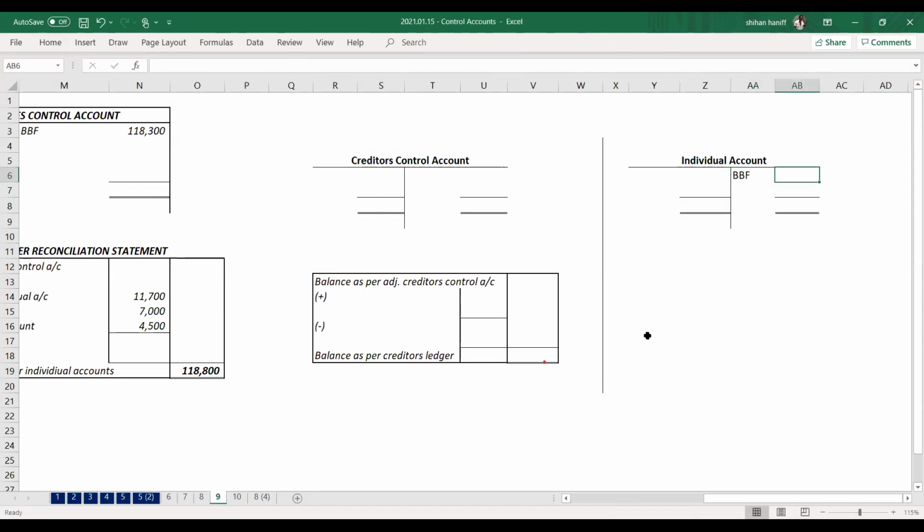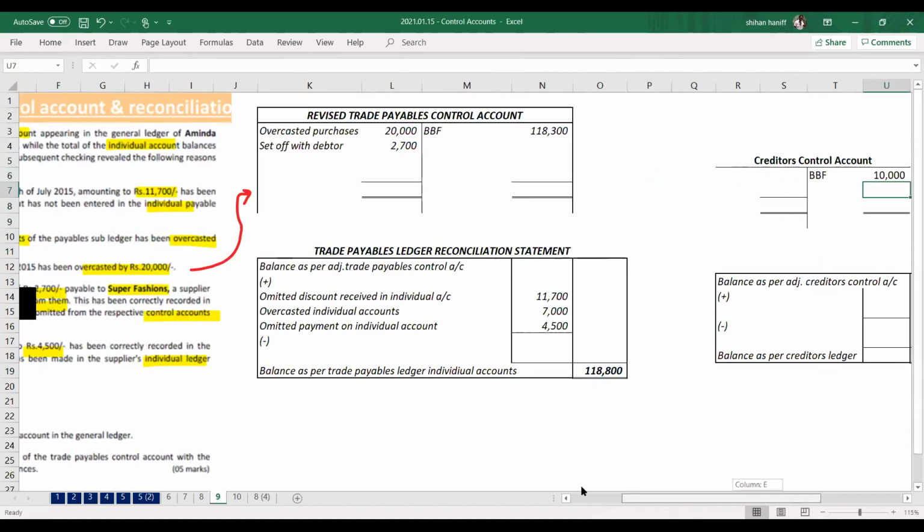Assume both have 10,000. Both 10,000. So what is the error?